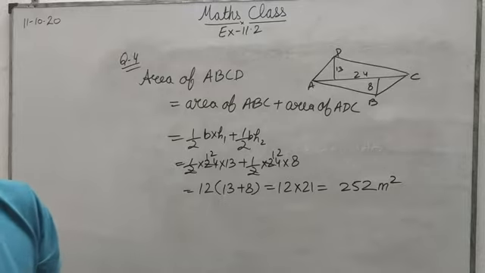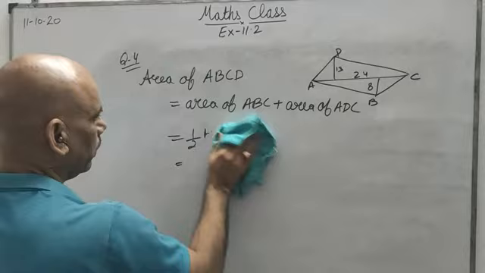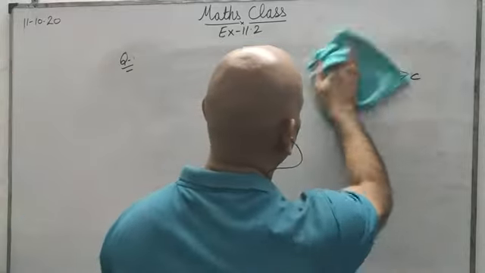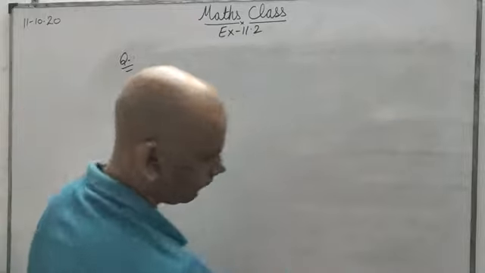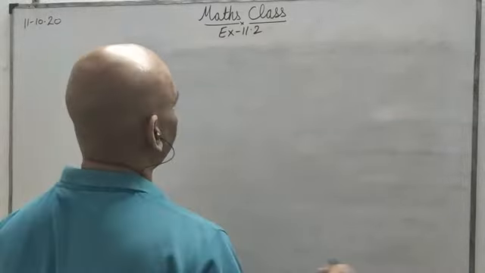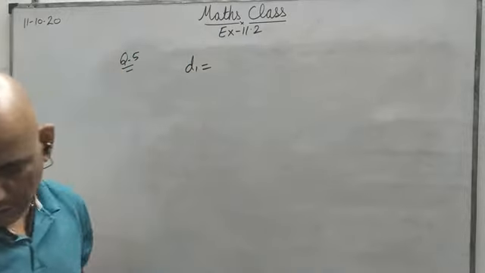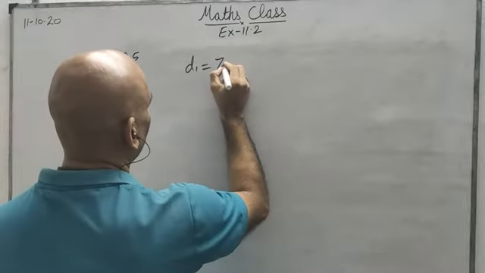Now question number 5 is quite easy. How will you do it? It is a rhombus, and the diagonals are given. D1 is given as 7.5 and D2 is 12.